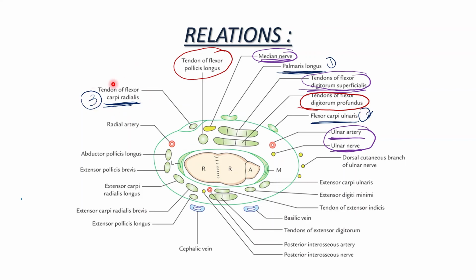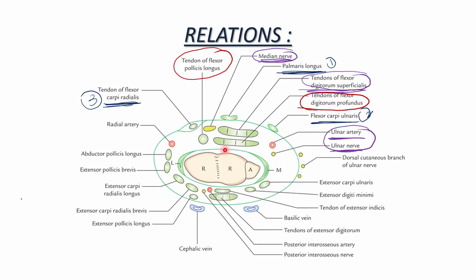In the intermediate plane, the anterior relation is formed by the tendons of the flexor digitorum superficialis along with the median nerve and the ulnar artery and nerve. In the deeper plane, the anterior relations are formed by the tendons of flexor digitorum profundus, flexor pollicis longus along with the anterior interosseous vessels and nerves. So all these make up the anterior relations of the wrist joint.